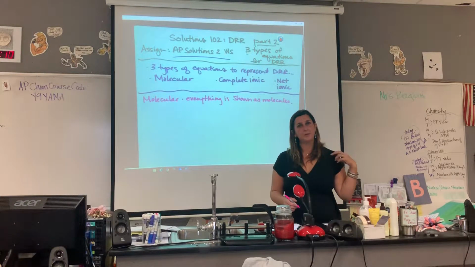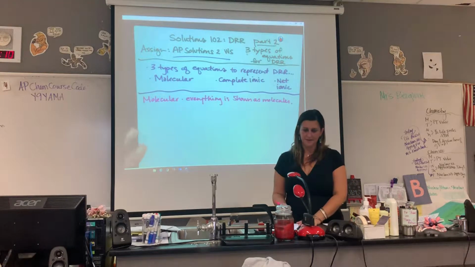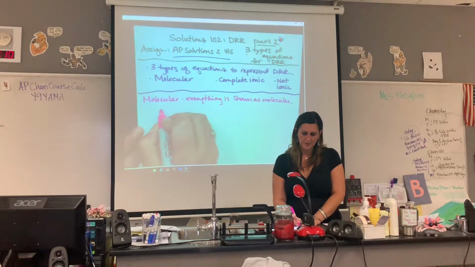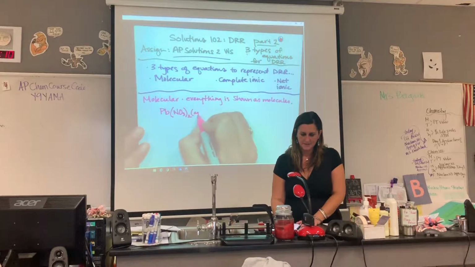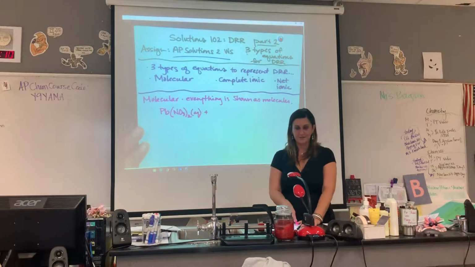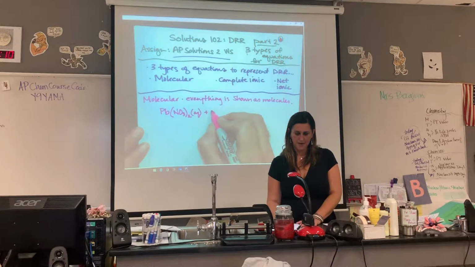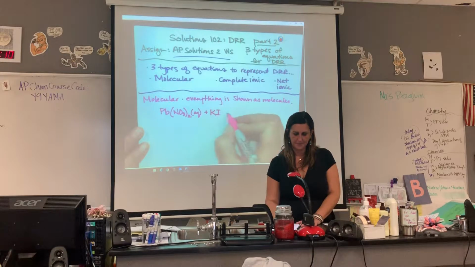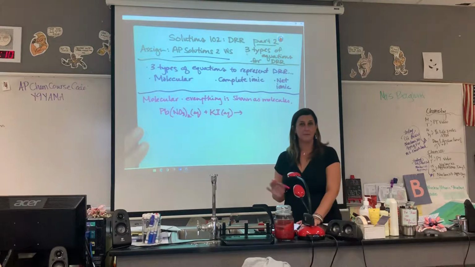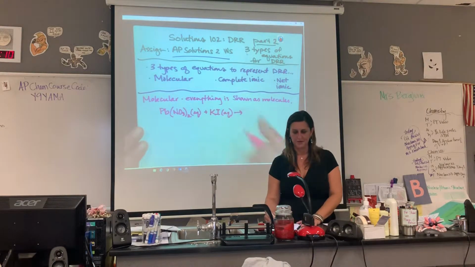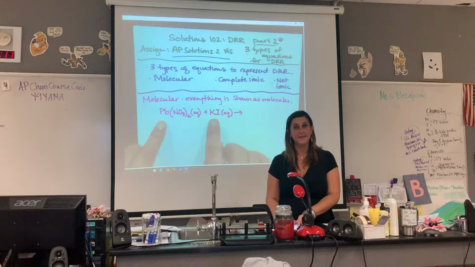So we're going to do an example here, and we'll start with some lead(II) nitrate, and that's aqueous. So this would be our AB, and we will add to that, what should we do? How about some potassium iodide? And again, that's aqueous. Even though it's aqueous, we're showing it together because it's a molecular equation.